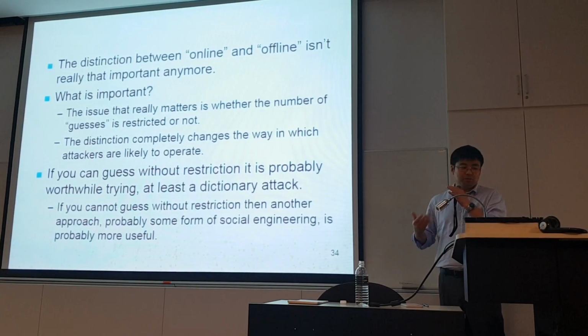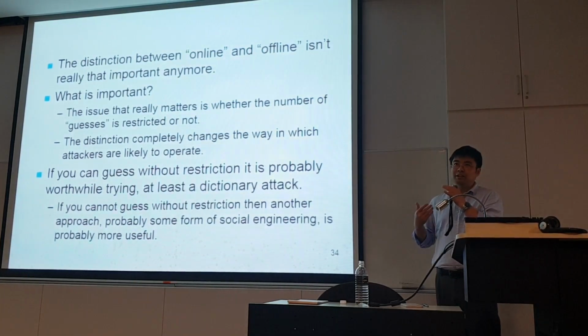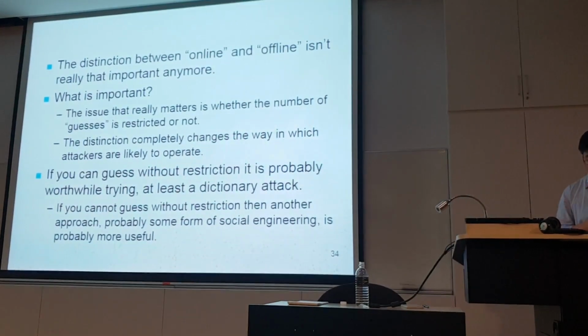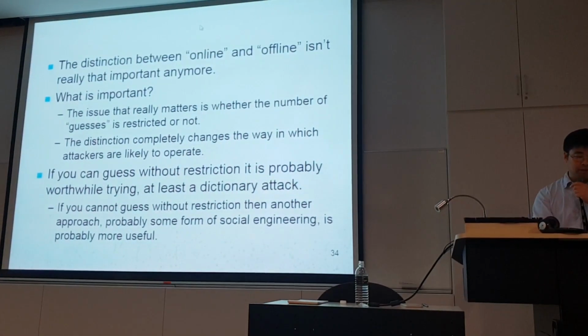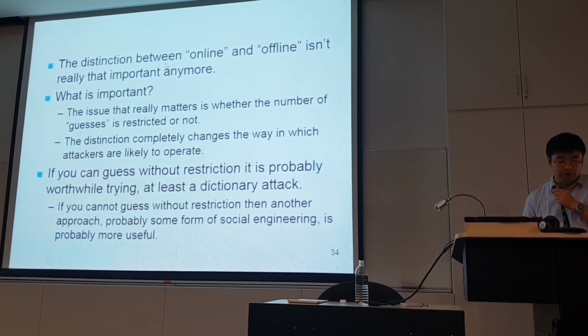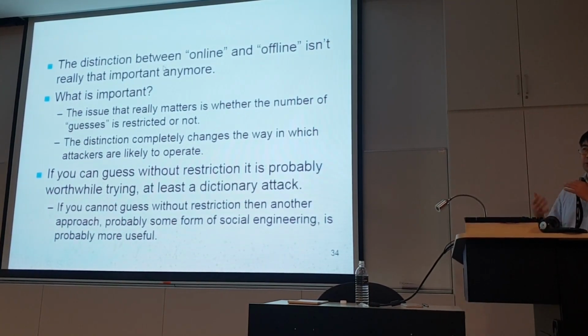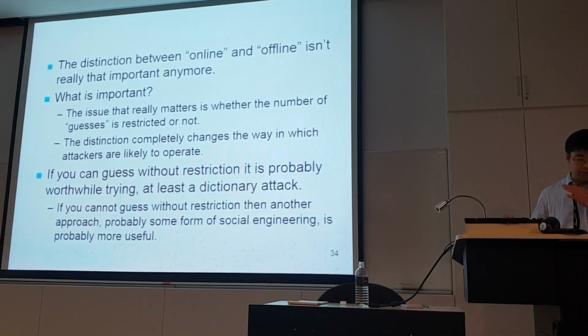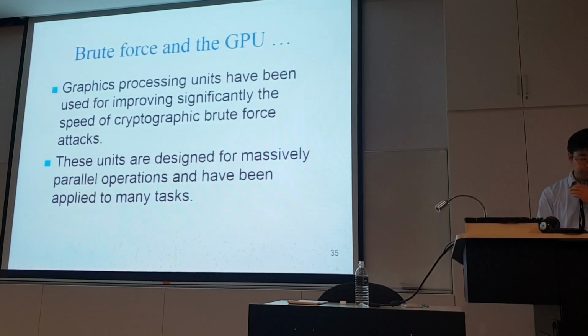It's not really about whether there is an internet connection. Okay, so that's the difference between online and offline attack. If I test this question again, don't make the same mistake. The difference is whether there is a restriction on the number of trials that can be attempted by the attacker.